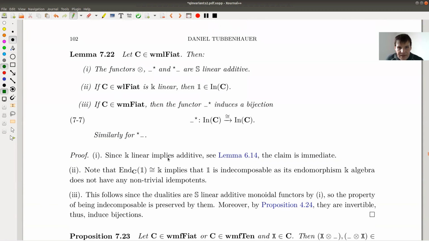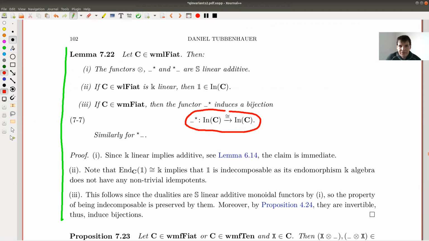Yeah, I'm going to ignore this lemma. It basically says that everything behaves nicely, so the various structures like dualities and tensor product and addition and linearity, they work nicely together. The only takeaway message is the duality induces a bijection on the set of indecomposables.